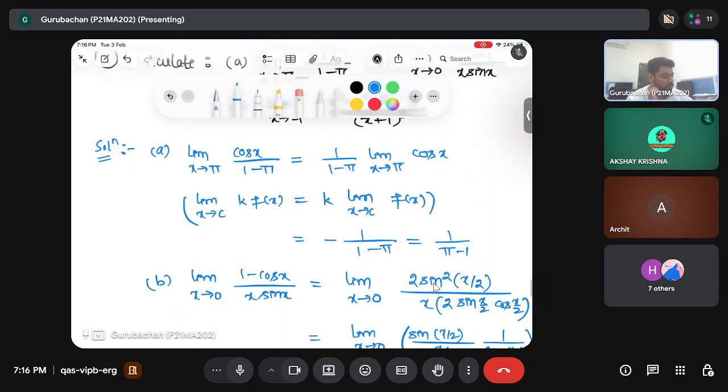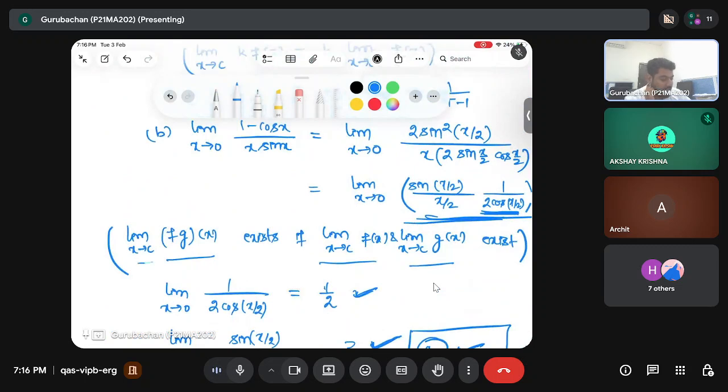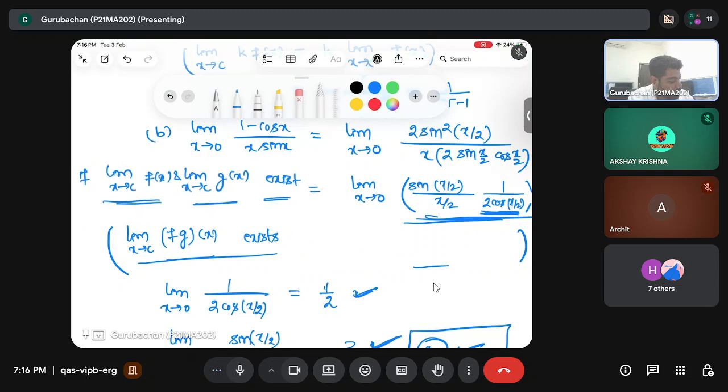What I have written here, I am saying this product limit exists if these two exist. Okay, let me rewrite it; you are getting confused. Let me write it another way.